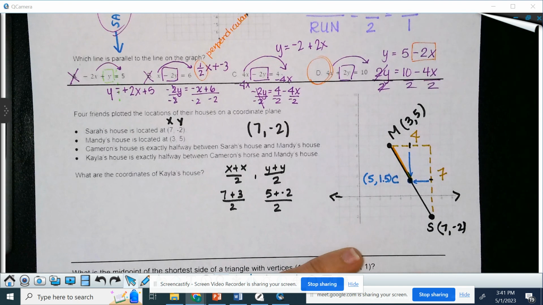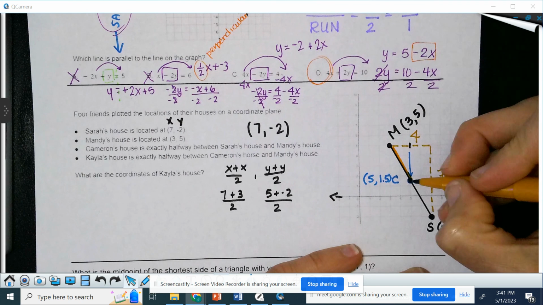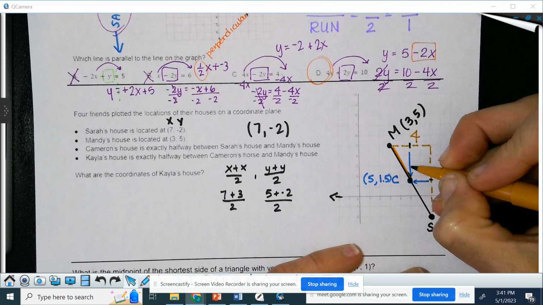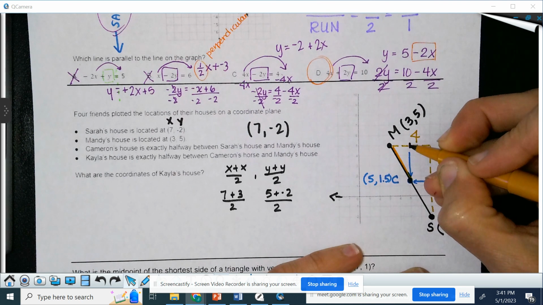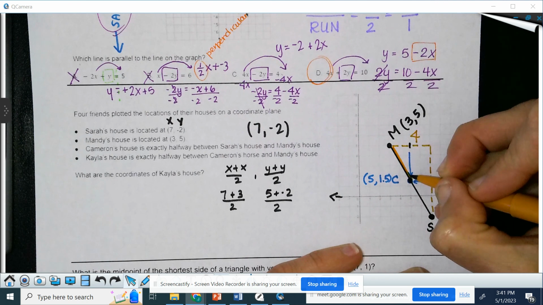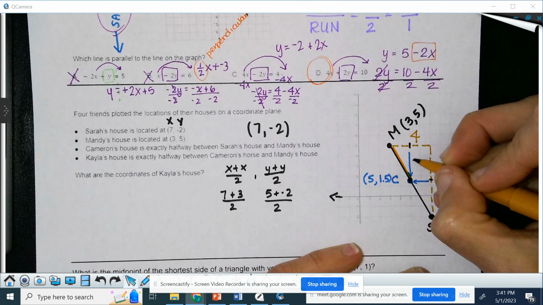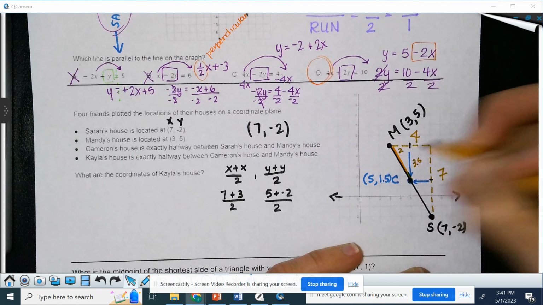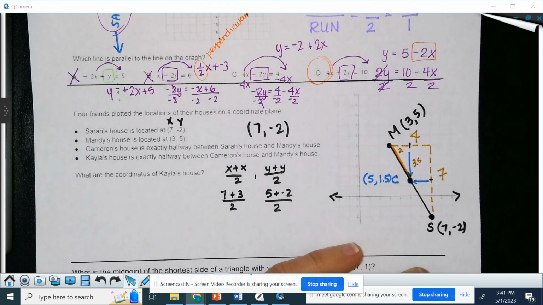So we're going to count up again. So it's a half, 1, 2, 3, which is not really fun, right? And then over 2. So it's a half up, 1, 2, 3. So 3.5 up, but over 2. What's half of 2? 1, right? Okay, so that's good.